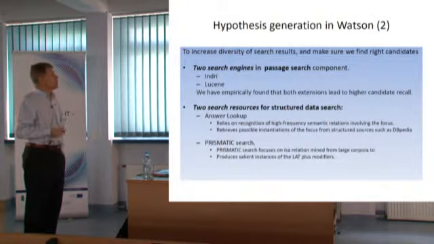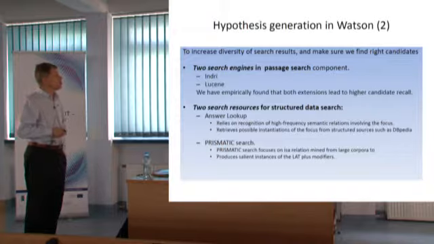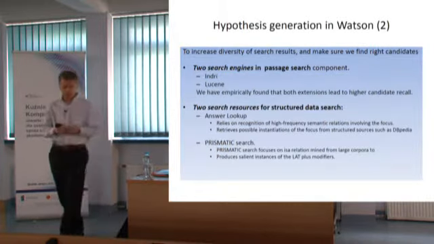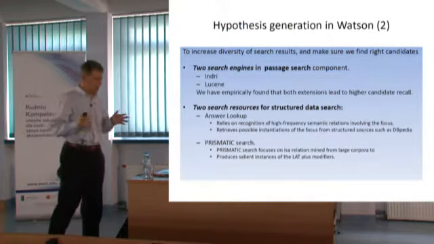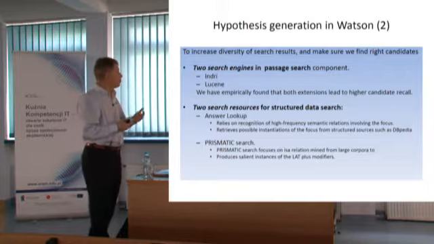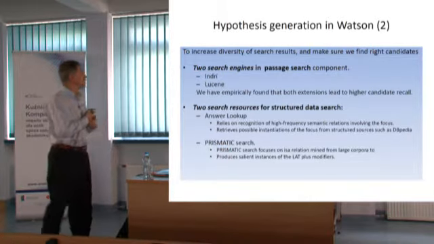What else can be said here? Well, we found out that having 2 search engines, especially in the passage search component, is better than having 1 search engine. We are using the INDRI search engine, which takes advantage of an implicitly developed language model. We saw the language model concept in the first lecture, where we were trying to constrain possible machine translations.